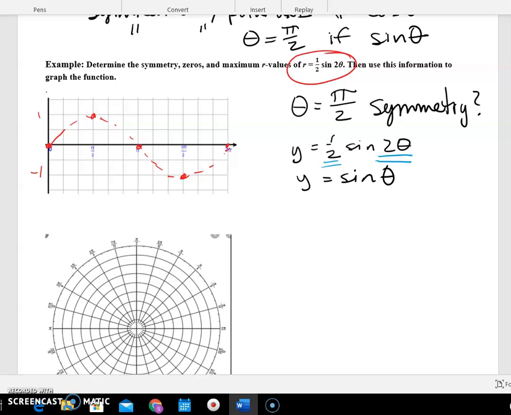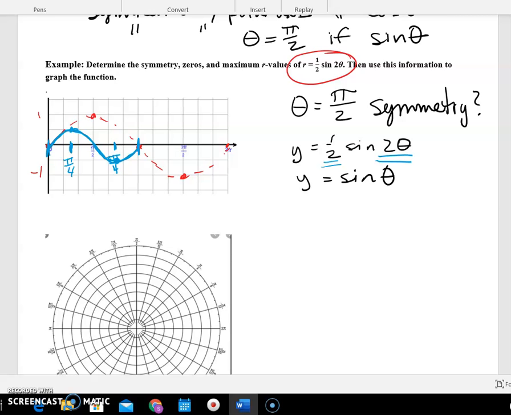So we're going to go from here to here. That's the period of the function now, which means that in between we'll have a max and min. So this is pi over 4, and this is 3 pi over 4. And we're going to go up to 1/2 at that point. And so our actual function looks like this. That's one period of the function.